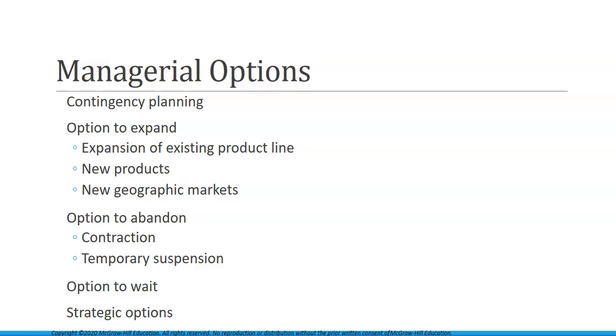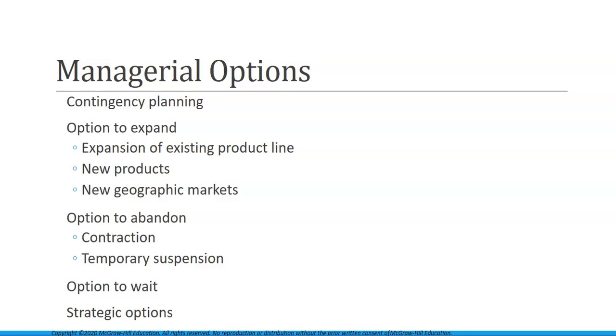Or the option to wait. Just because we're looking at different capital budgeting projects doesn't mean that if we don't take them on right this month, they couldn't happen later. And we might want to wait for a variety of reasons.